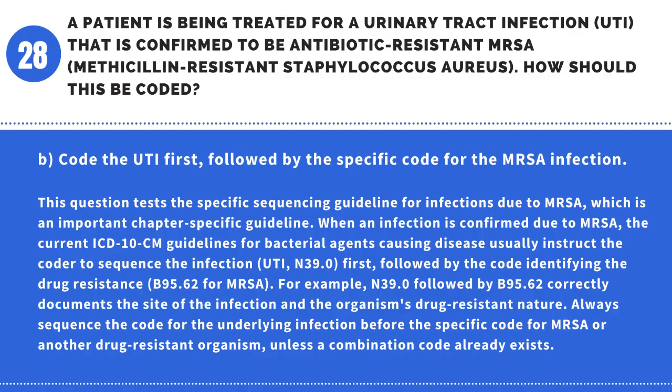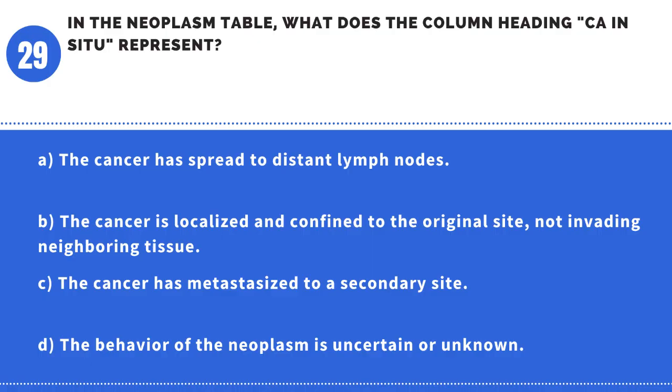N39.0 followed by B95.62 correctly documents the site of the infection and the organism's drug-resistant nature. Always sequence the code for the underlying infection before the specific code for MRSA or another drug-resistant organism, unless a combination code already exists.